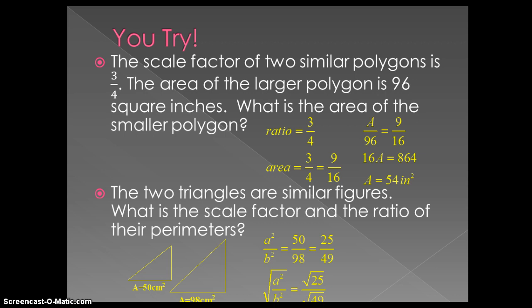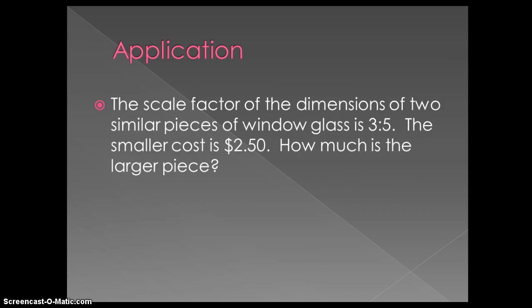So when I square root both, I get a over b is 5 to 7. Your ratio will be the same if you just square rooted 50 over 98, but it won't come out as nice and clean. It's still the same ratio, but if you can reduce things, especially when you can find perfect squares, that'll make your life easy.